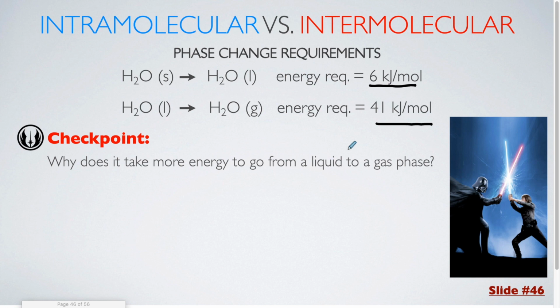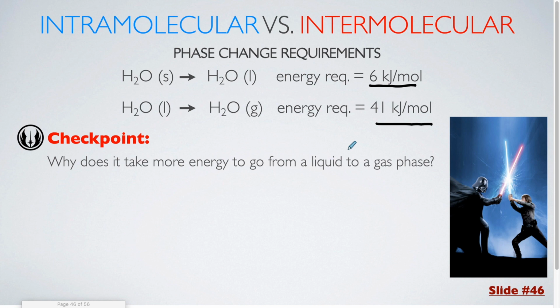So for a checkpoint, why would it take more energy in order to go from a liquid to a gas? And the answer here is related to one of the pictures that we saw earlier, where we had each of the phases of matter within that Erlenmeyer flask next to each other. We noticed that the solids and the liquids were very similar to each other. The liquid molecules were maybe a little bit more spread out, but they were very close together still. Whereas the gas molecules, they were completely spread out from one another.